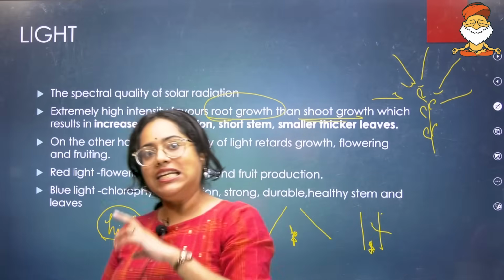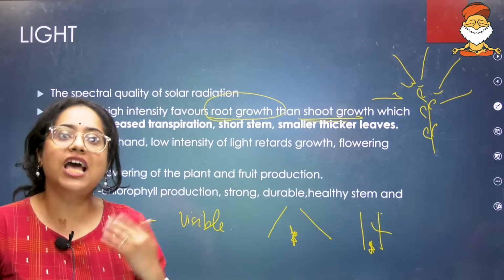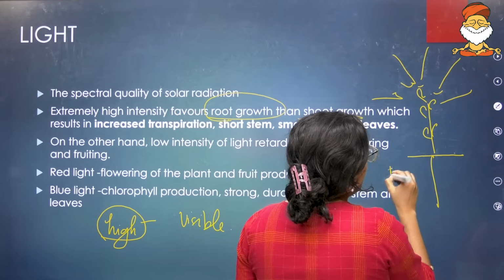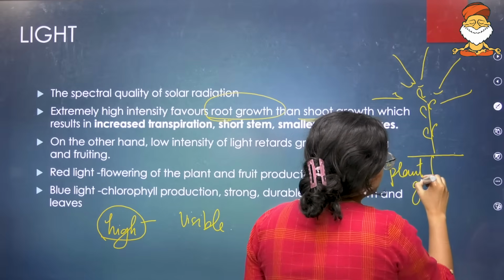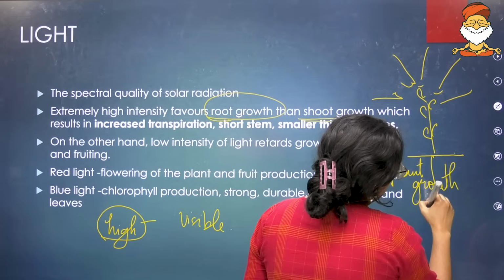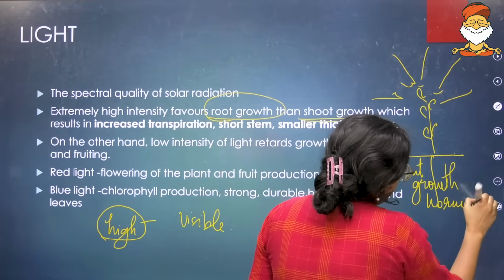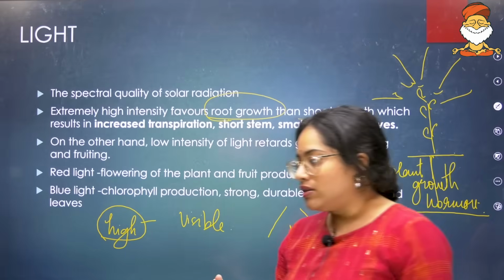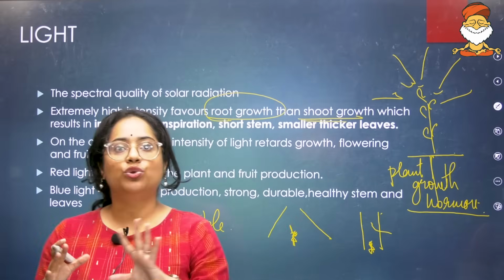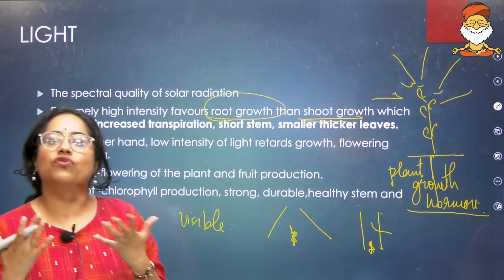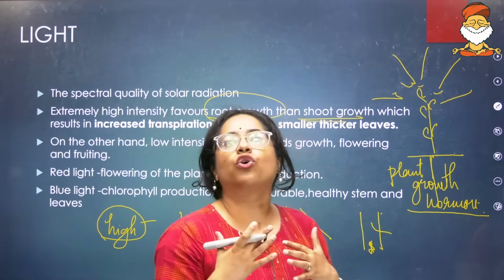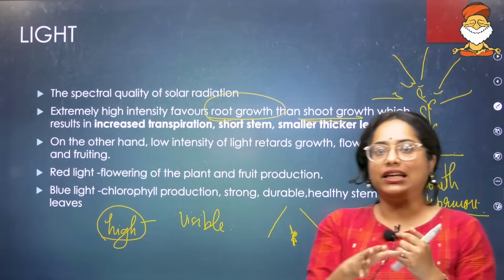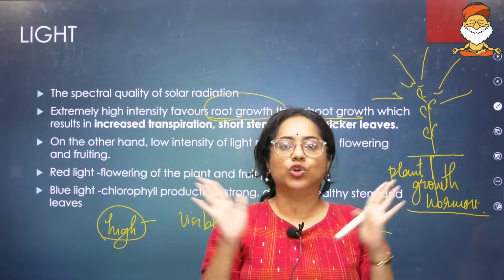The more intensity light you are giving, you have certain plant growth hormones, and these plant growth hormones are the ones that can help the root or the shoot to grow. For example, if the root needs to function properly, you have a plant growth hormone called auxins. Ideally, you have auxins, you have shoot, and everything is growing in a perfect manner.